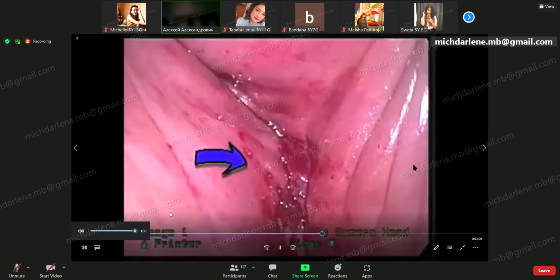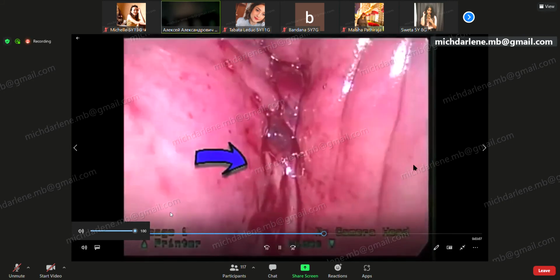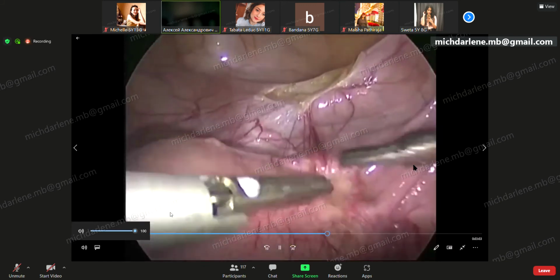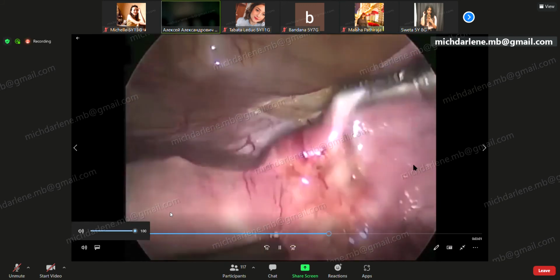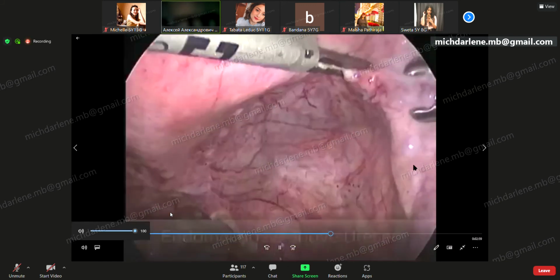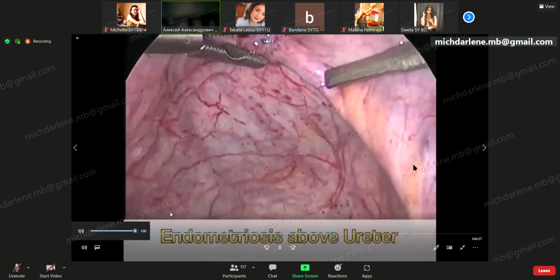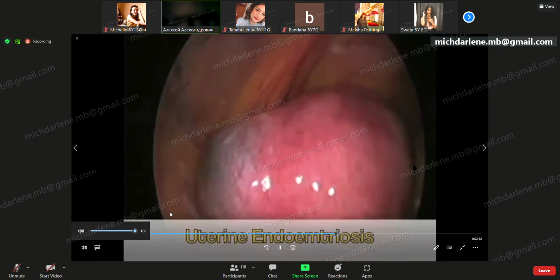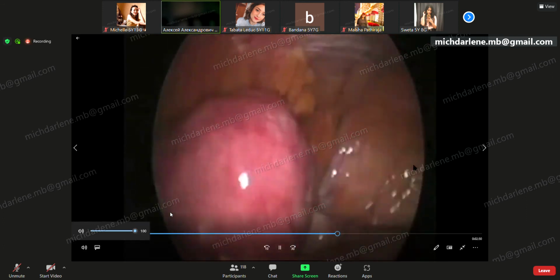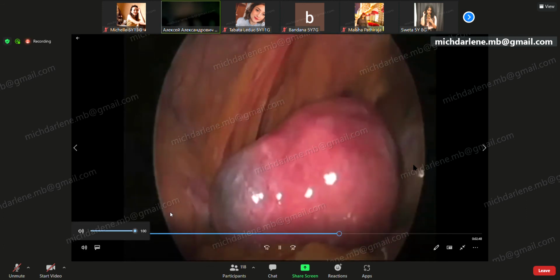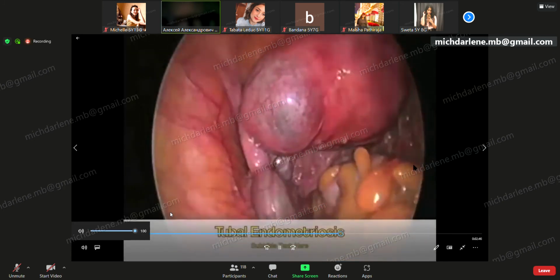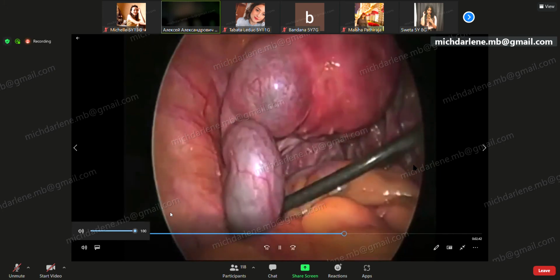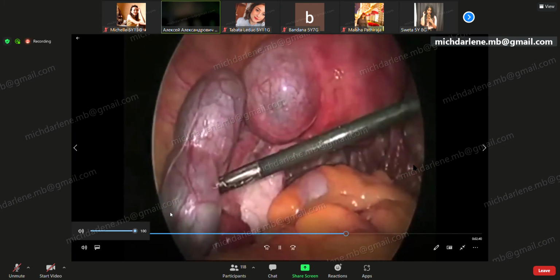Here's an example of endometriosis of the vagina. An endometriotic lesion can be seen on the round ligament. Endometriosis above the ureter. Uterine endometriosis. Tubal endometriosis.